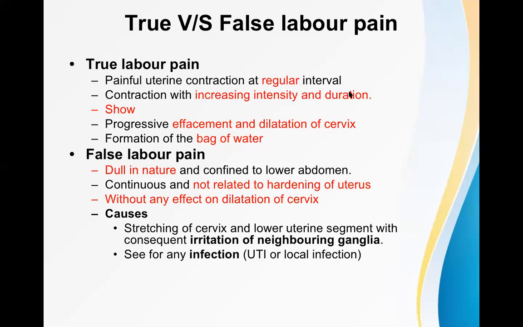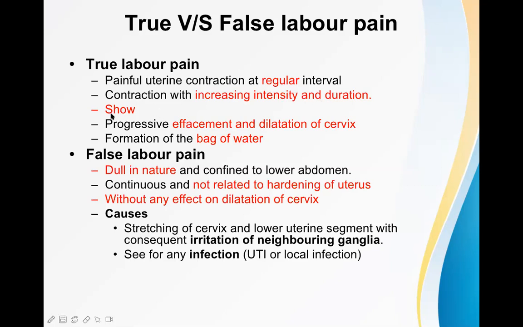And one of the very important points is the lady complains the second or third contraction is more severe than the first, meaning the intensity and the duration of the contraction is increasing after each contraction. This is the hallmark of true labor pain.